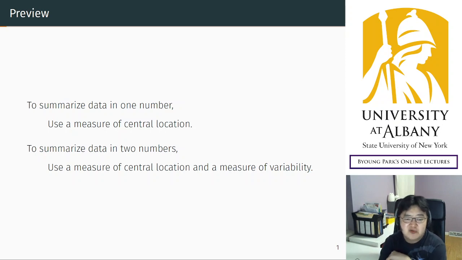So a measure of variability is the second most important measure in statistics, and usually data are summarized in two numbers, two measures, which are the measure of center and variability.